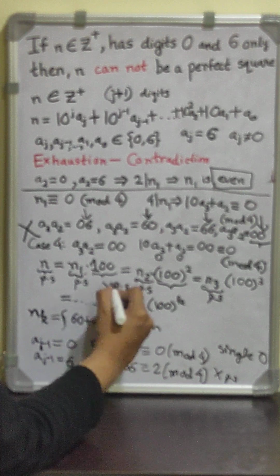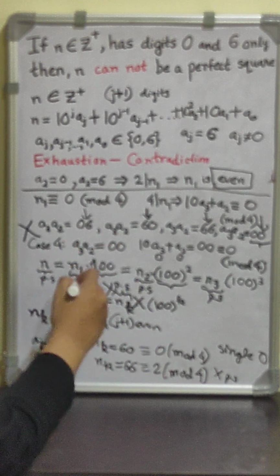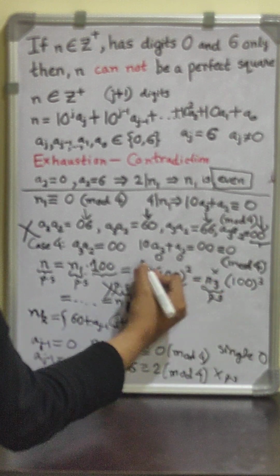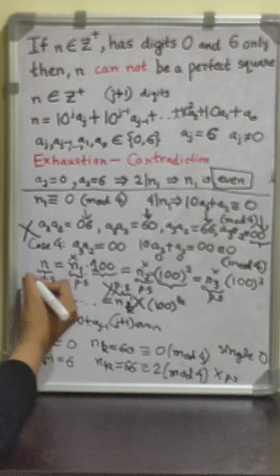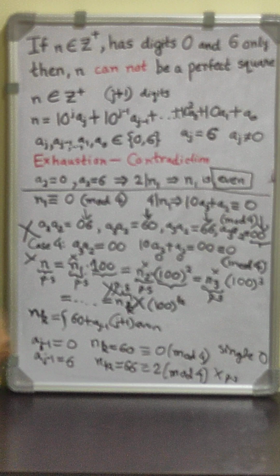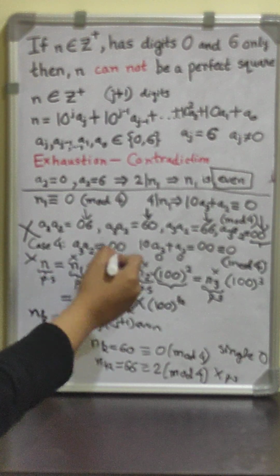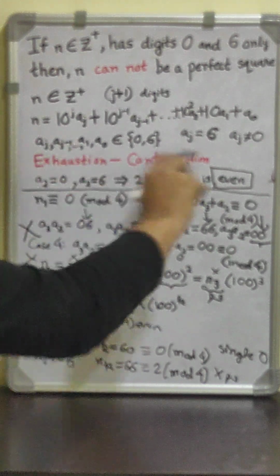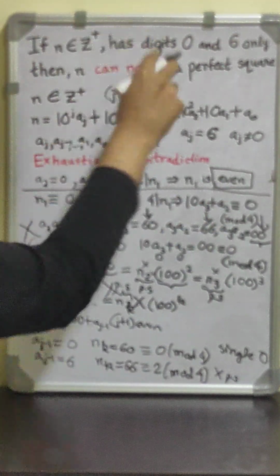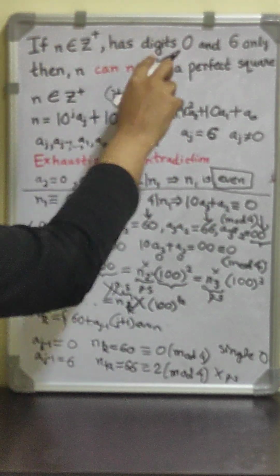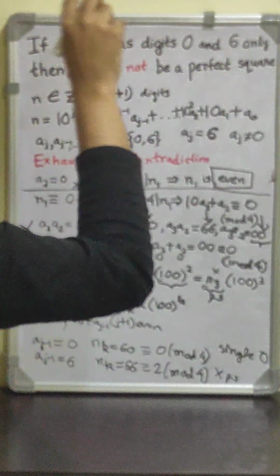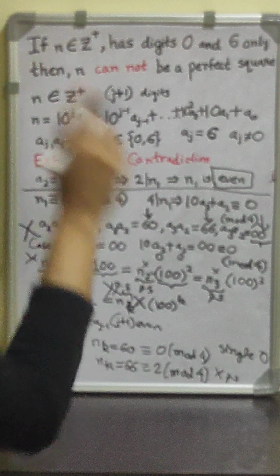So nk is not a perfect square, and nk minus 1 is not a perfect square, all the way down to n3, n2, n1 not being perfect squares, and hence n is not a perfect square, even for case 4. Everything is exhausted and everything is contradicted, and we have proven that for any positive integer with the constraint of digits being 0 and 6, n cannot be a perfect square, full and final.